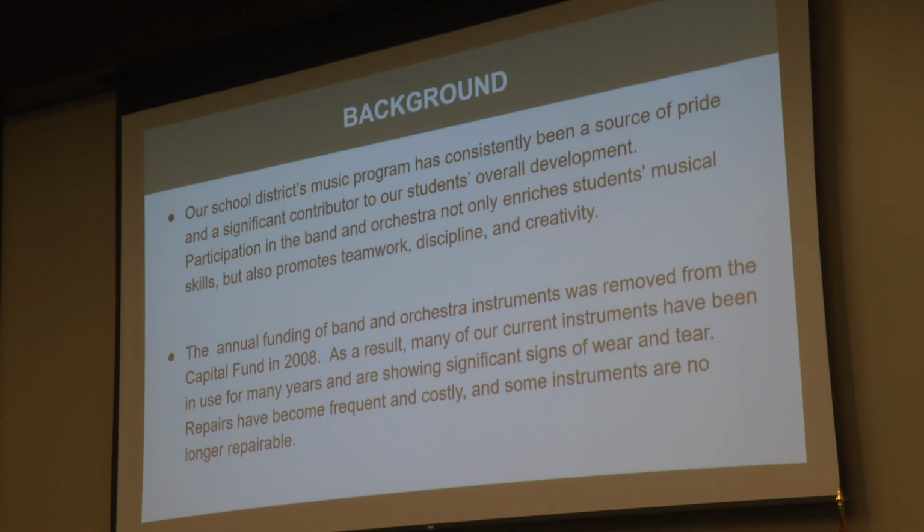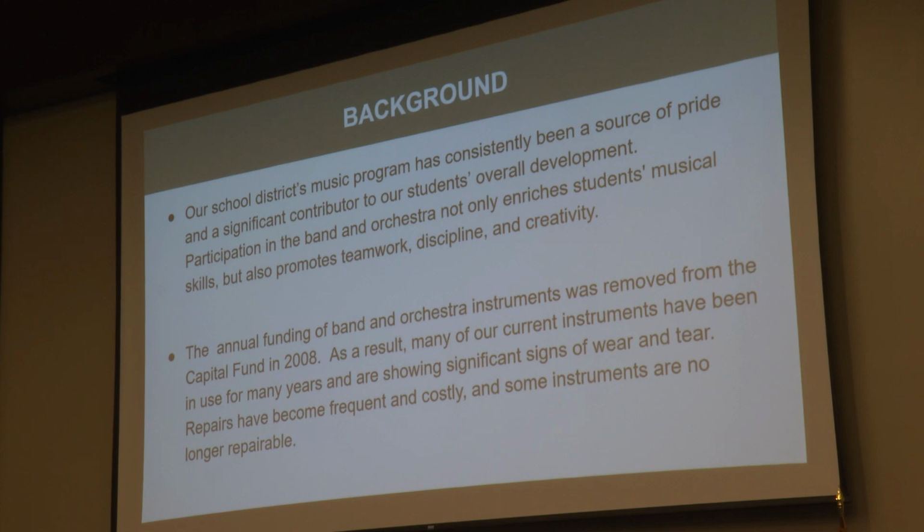In FY 22-23, band and orchestra came to us asking for funding, since they were removed, to replace theirs. Our previous CFO, Marty Rolls, was able to find $20,000 in funds to give them, but they're still behind. We asked them last year, all of our band and orchestra, to give us an outline of your level ones.